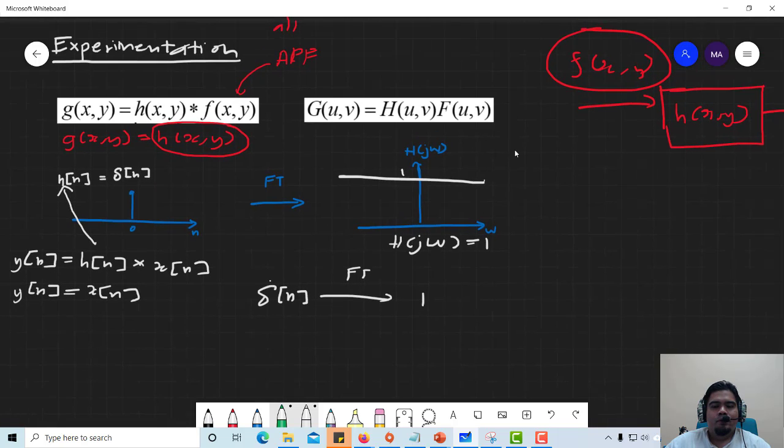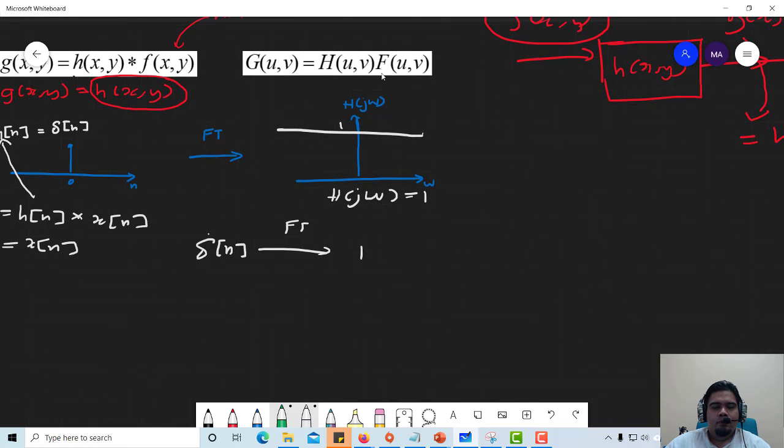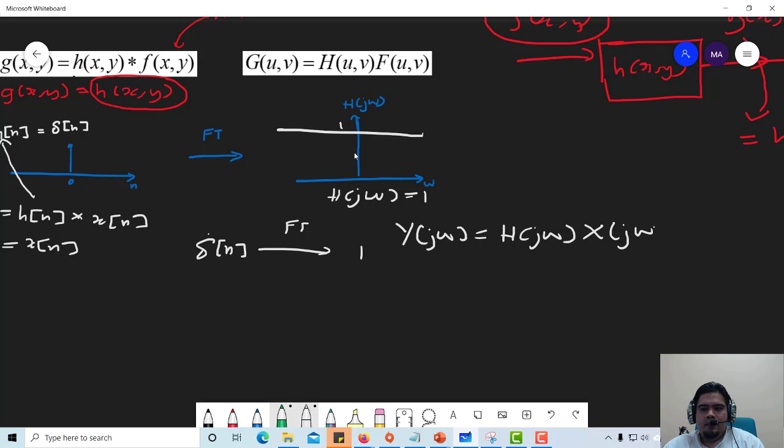Once you do multiplication at this stage, you are multiplying all of F here. If you want to process this in the frequency domain, then with your H(jω) here, this is how the process looks like.